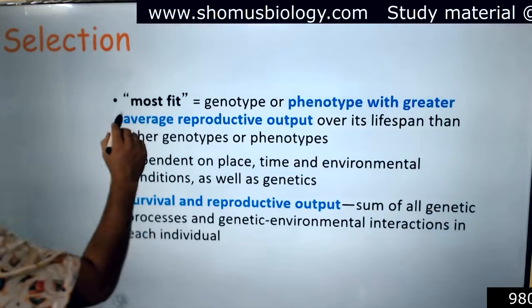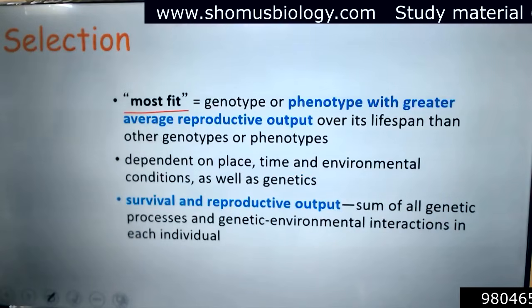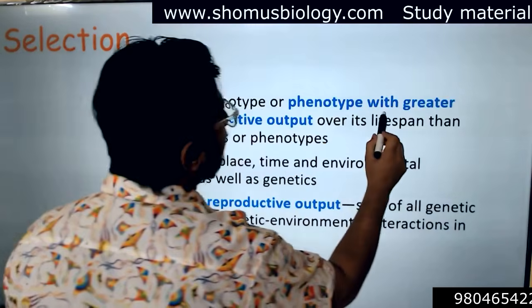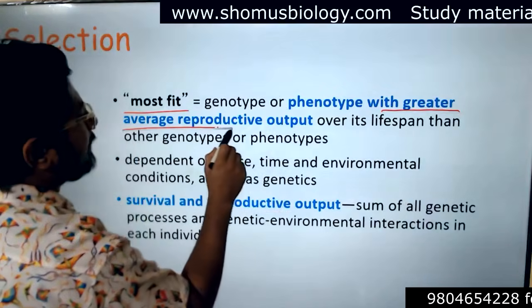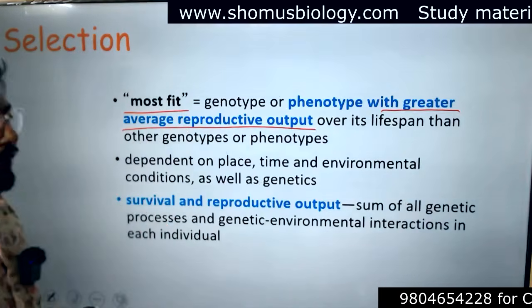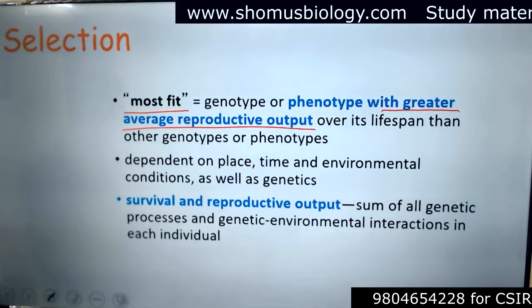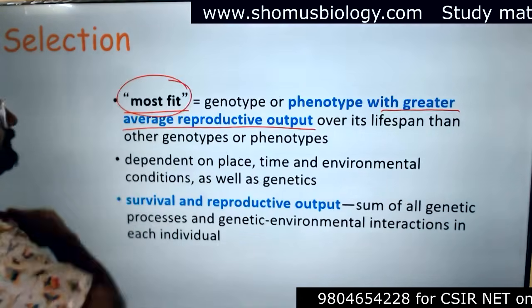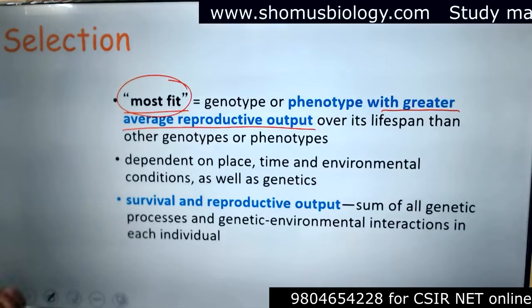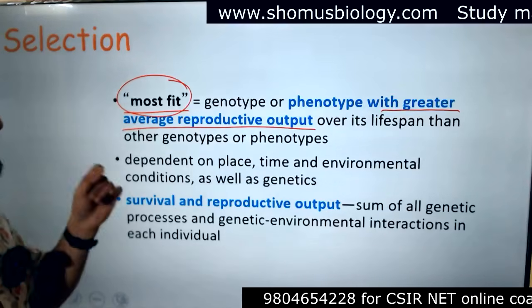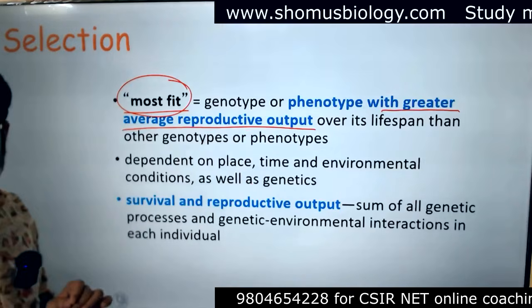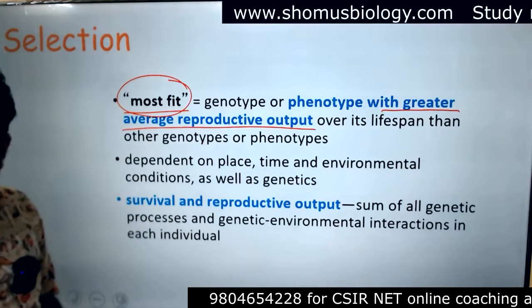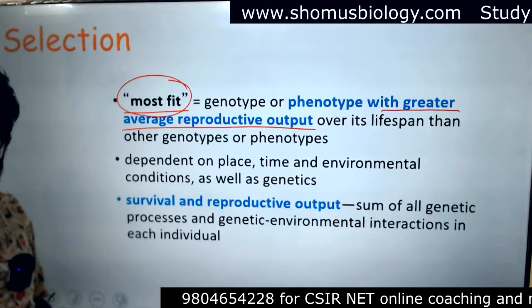Now the most fit will be selected, right? Most fit means genotype or phenotype with greater average reproductive output over its lifespan than other genotypes or phenotypes will be selected. So when I say the most fit organism will be selected, that means what? Genotype or phenotype with greater average reproductive output or greater per capita growth rate, those will be selected.